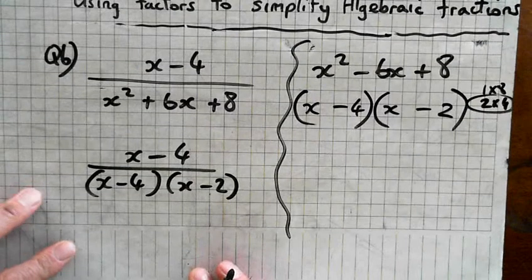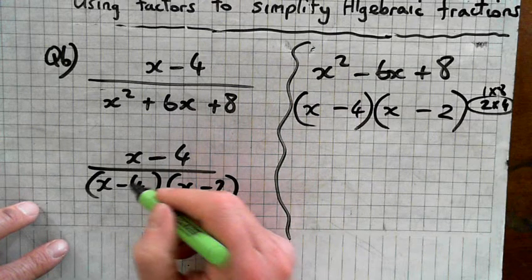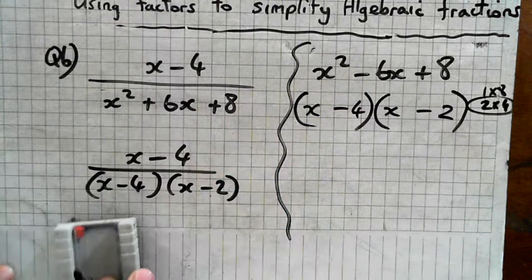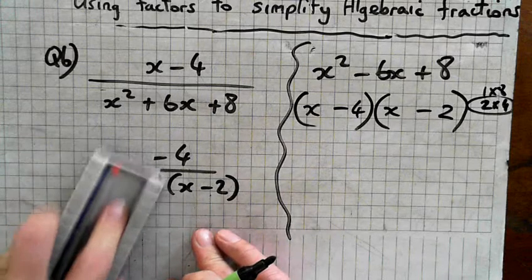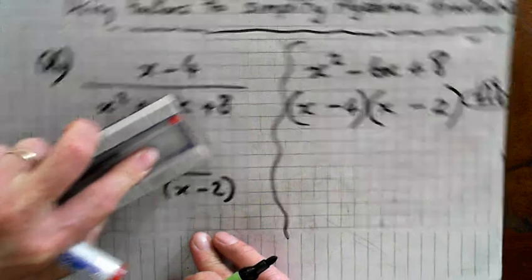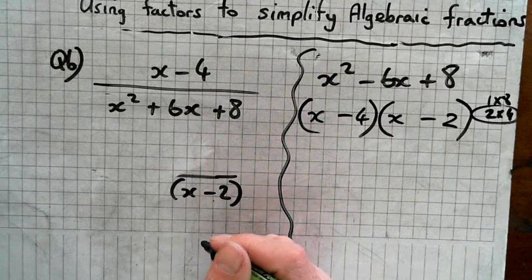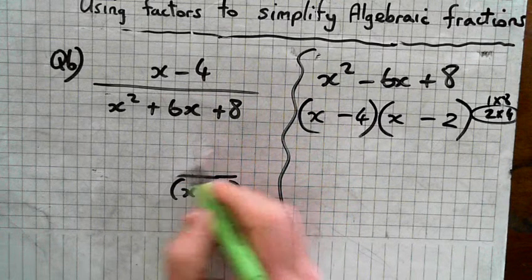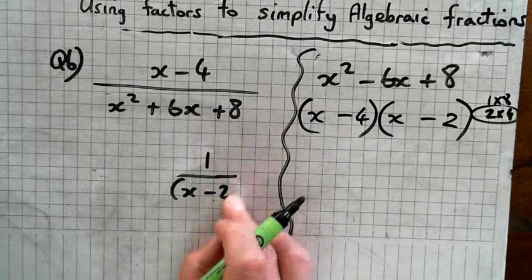Alright, you have to pay attention to this one because it finishes off a little bit different than the last one. x minus 4 over x minus 4, that is 1, isn't it? But notice the x minus 2 is underneath the line. So it's 1 over x minus 2.